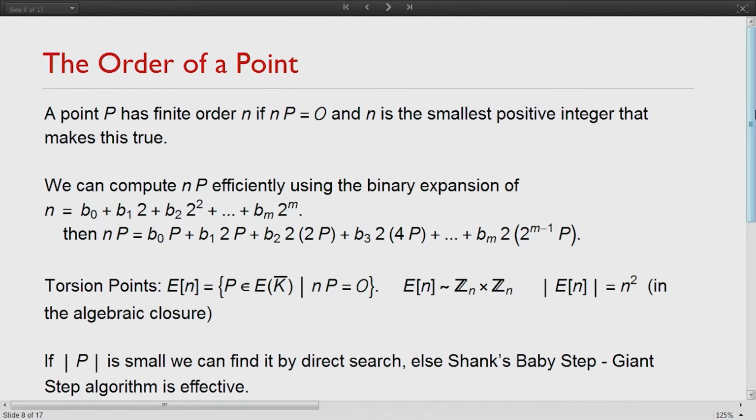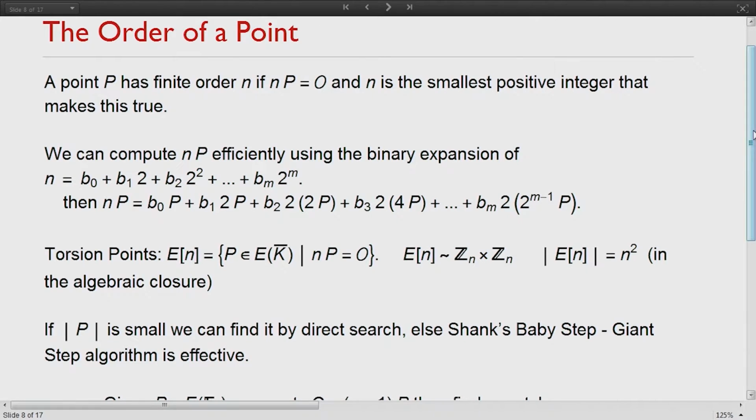Okay, the order of a point. In basic algebra, a point has finite order n if n times P gives the identity, and we're in an abelian group. So nP, we're really working in the Z-module representation. That is, nP is really P plus P plus P, n times. If I get the identity and n is the smallest such number, then that's the order of the point.